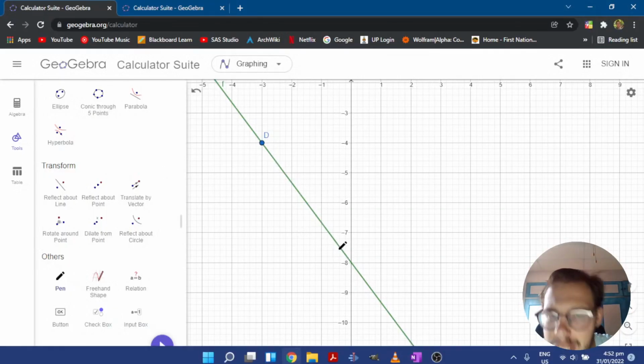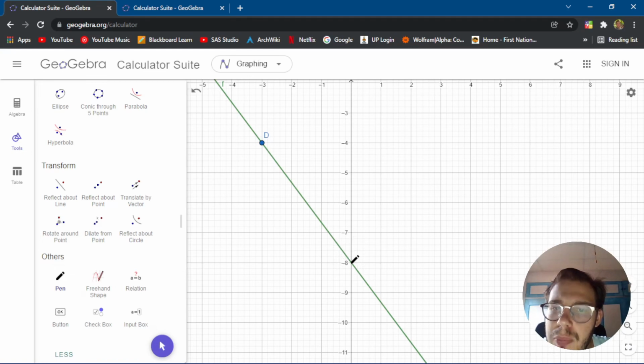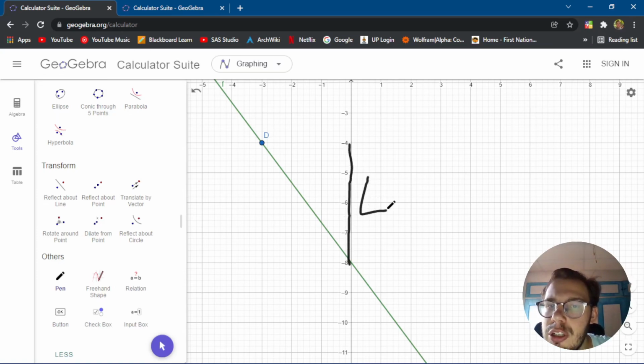So because the change in y is positive, we move up. So the change in y is 4, so we move up 1, 2, 3, 4. Then because the change in x is negative, we move to the left 3. So that's 1, 2, 3.